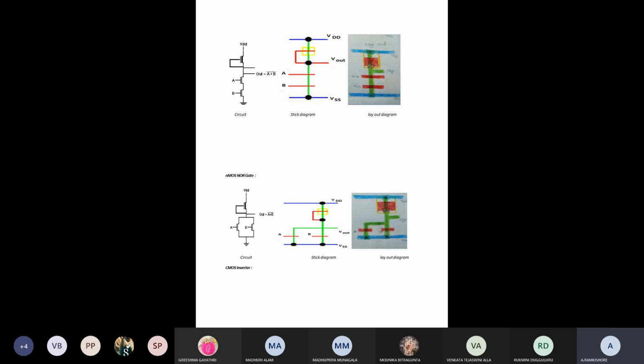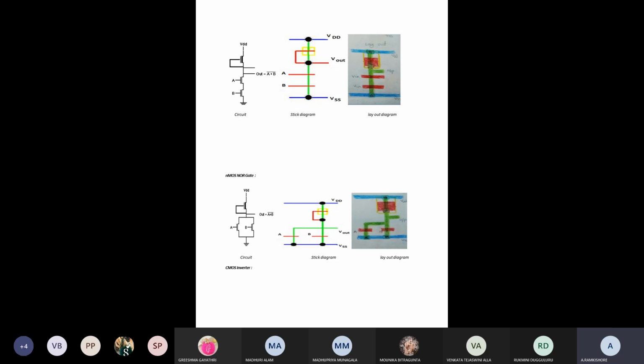So 3 lambda we can consider as 1 centimeter or 2 centimeters or 3, as per your convenient, but whatever we choose, we maintain one consideration. For example, metal is 3 lambda, so you consider 1 centimeter. 3 lambda is equal to 1 centimeter.